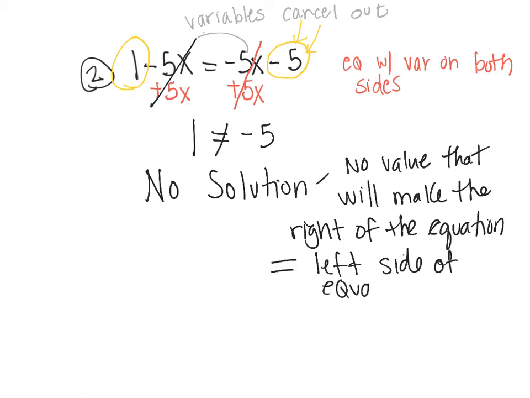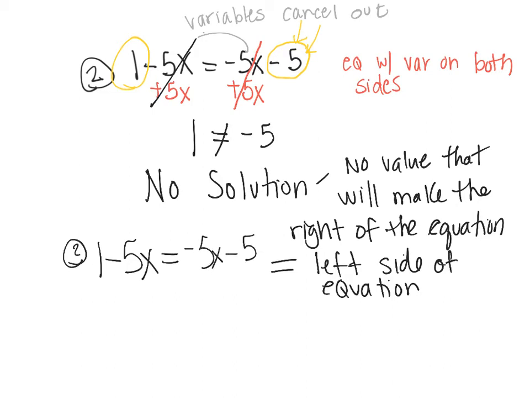Meaning that no matter what type of answer or what type of number we tried to put in for x, our check would never work. Now the big thing is that we need to notice that that happened because if we look at our beginning problem, if I write that back out for us, our beginning problem for number 2 was 1 minus 5x equals negative 5x minus 5.